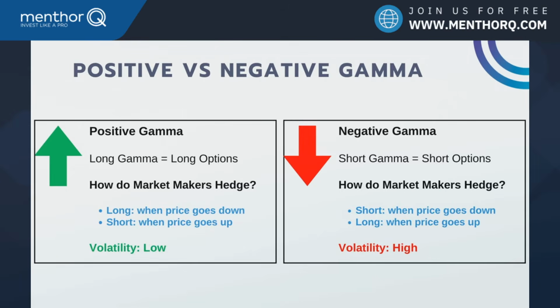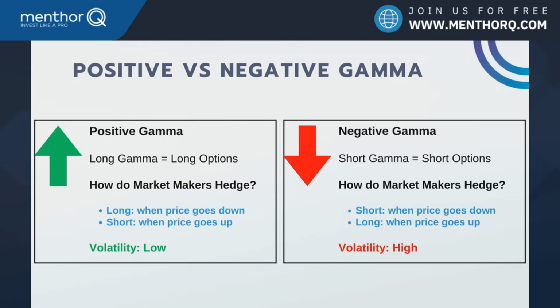Because they're selling when the market drops, they amplify the move and the volatility is higher. So the result is more volatility, faster moves, and bigger swings. That doesn't mean that in a negative gamma environment the price will drop. It means that we are going to see bigger swings throughout the day.